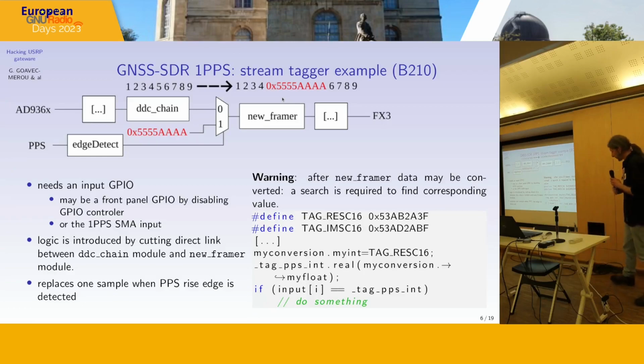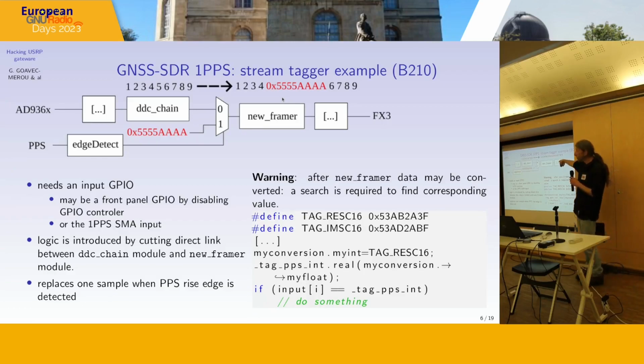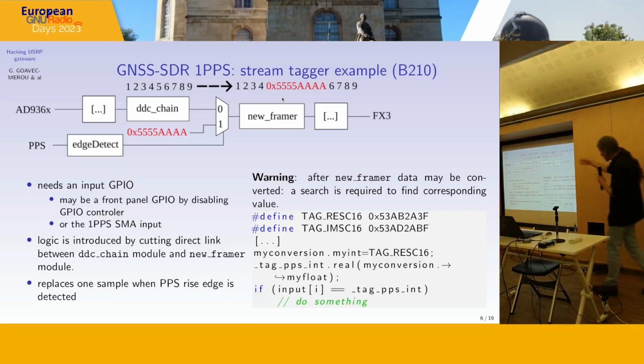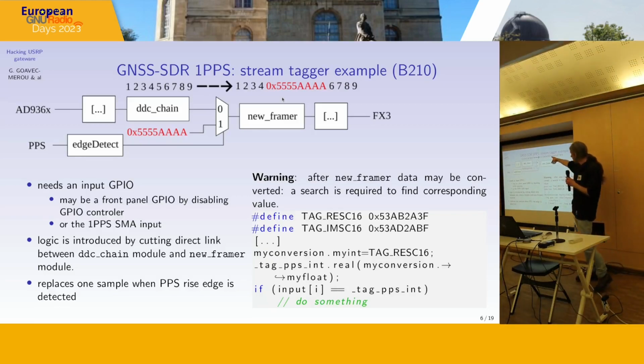The MUX selects the second input, so our tag. Otherwise, the first input of the MUX is used, so the original sample is propagated to the new framer. This is why we have 1, 2, 3, 4, etc. At the output, we have 1, 2, 3, 4, tag, 6, 7, 8, etc.